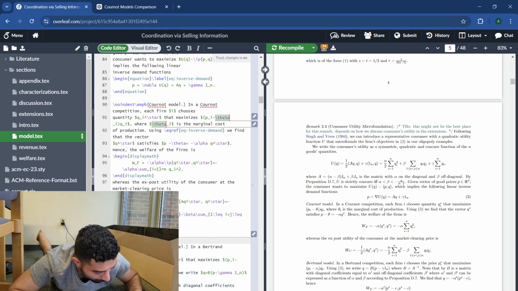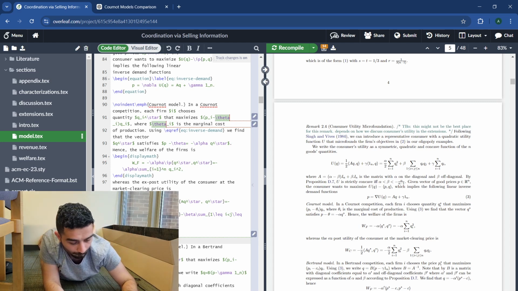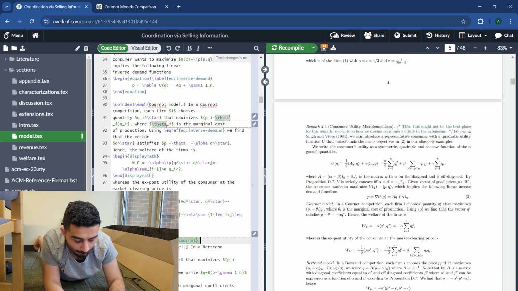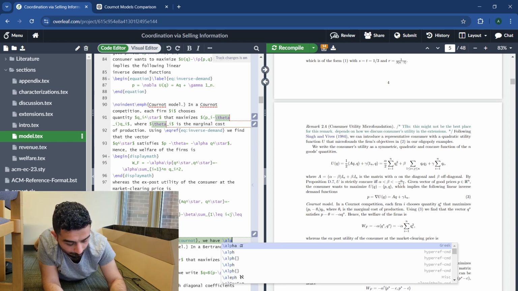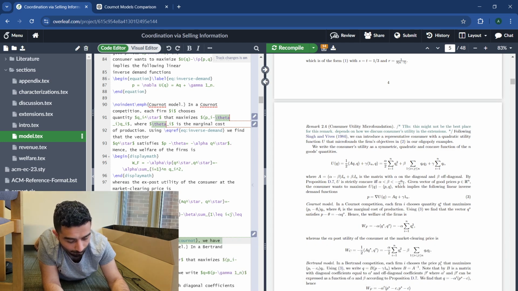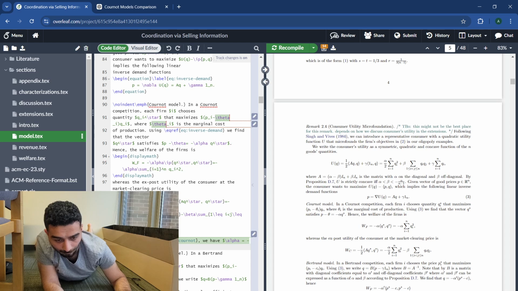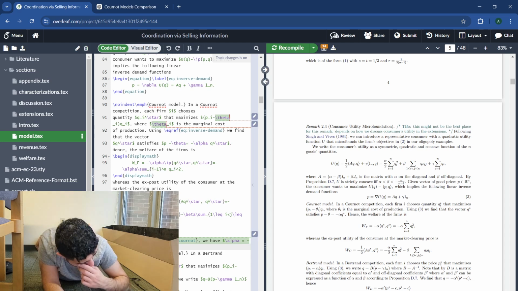I should type this. We have alpha minus rank 1, 2, beta.